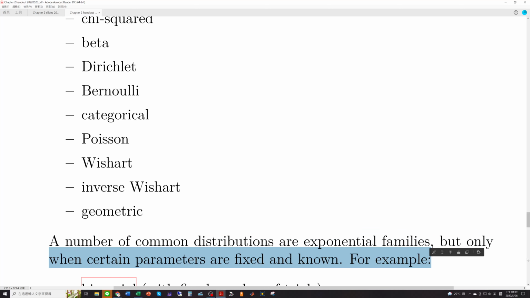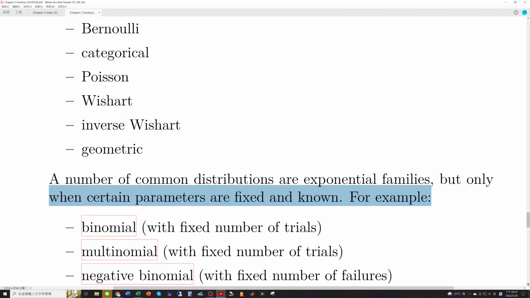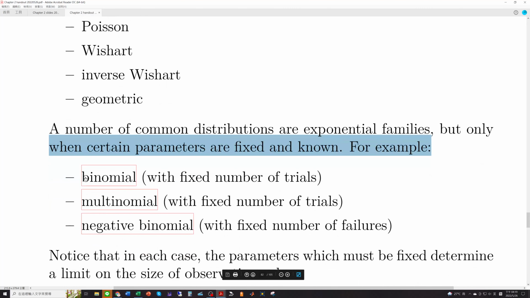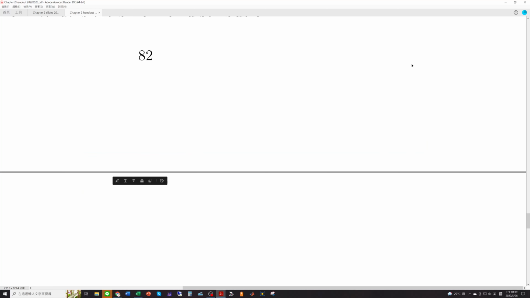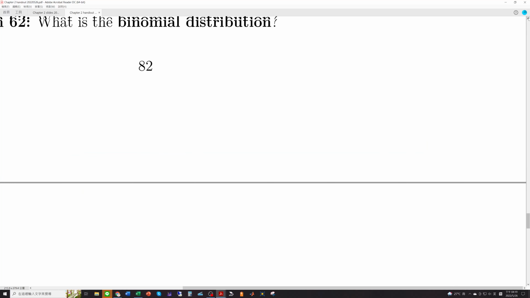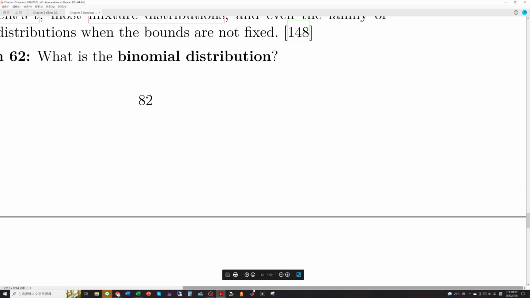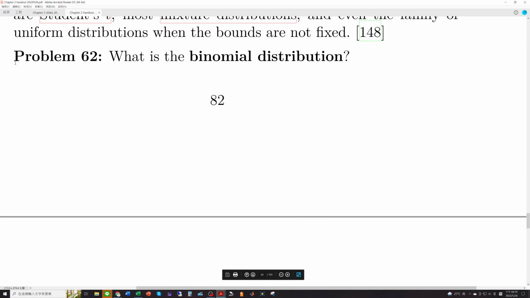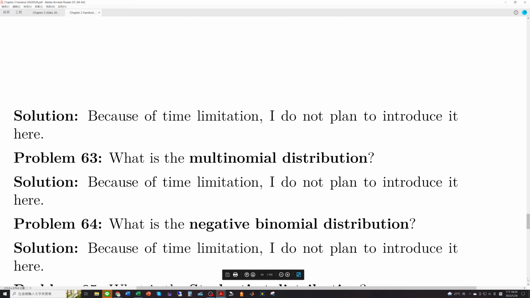For example, first, binomial. What is binomial? Please, you can click the hyperlink. Problem 62. What is the binomial distribution? Solution.